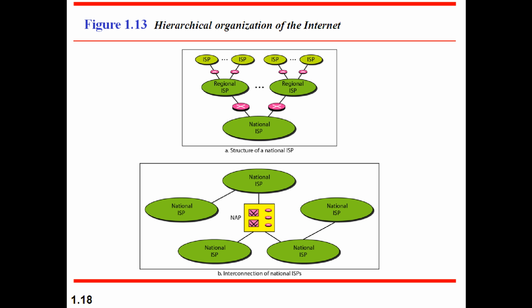And in the picture, national ISP, national ISP, national ISP are all connecting to a network access point, where they get connected together to form a large network, an interconnection of national ISPs. As basically a network is a group of connected communicating devices throughout the world or the globe.